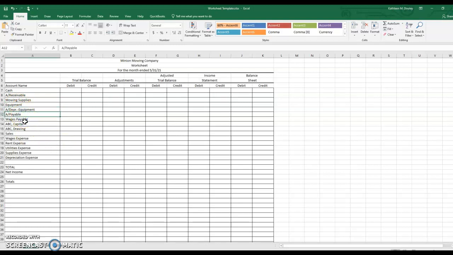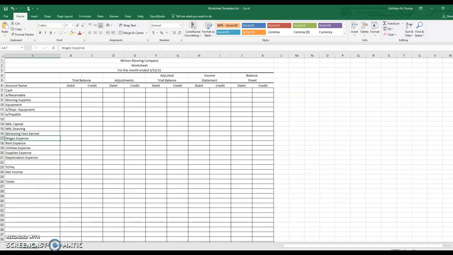We do have accounts payable. We don't have wages payable. Get rid of that. We do have capital, MM capital. We have drawing, MM drawing. Okay, sales is our revenue. It's called mowing fees earned.